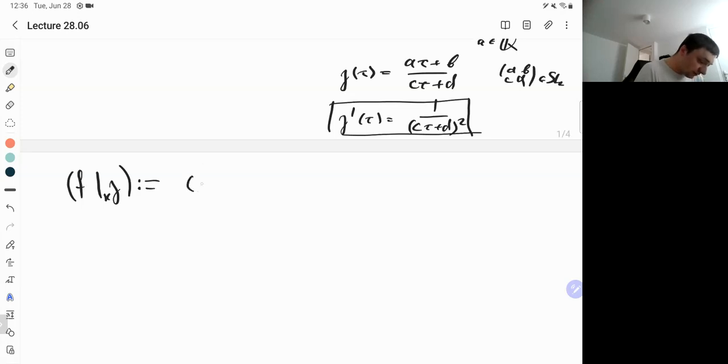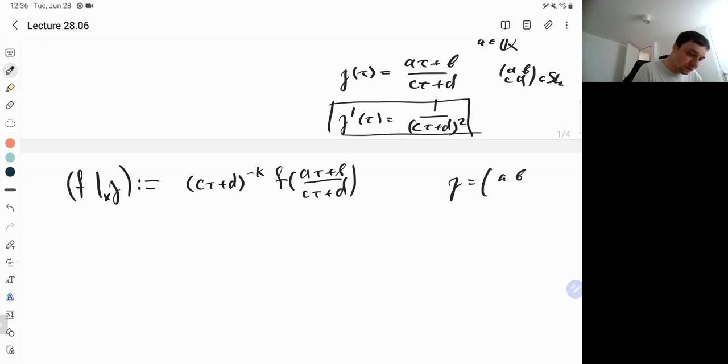You just define it as (c tau plus d) to the power minus k times f of (a tau plus b) over (c tau plus d). Again, gamma will usually just denote this matrix.